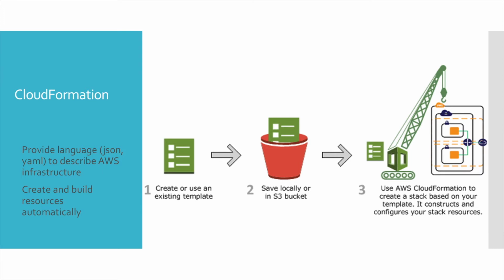Having such resource templates, you can upload them into S3, and after that, you can use CloudFormation to build those resources automatically. In this way, you can maintain your infrastructure in dev and in prod, and all the building process will be automatically created by AWS CloudFormation.